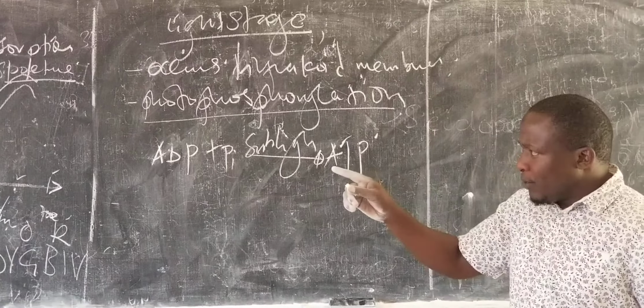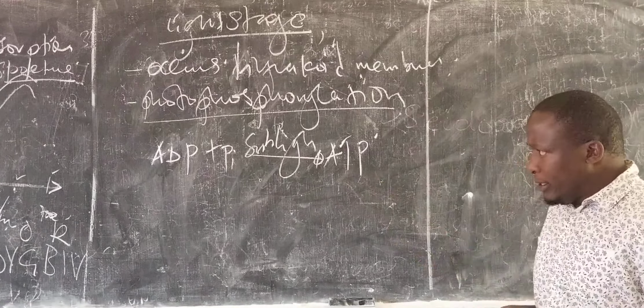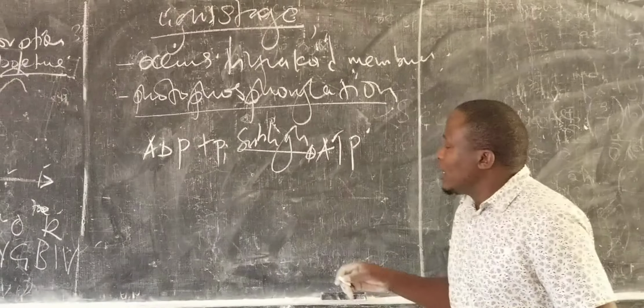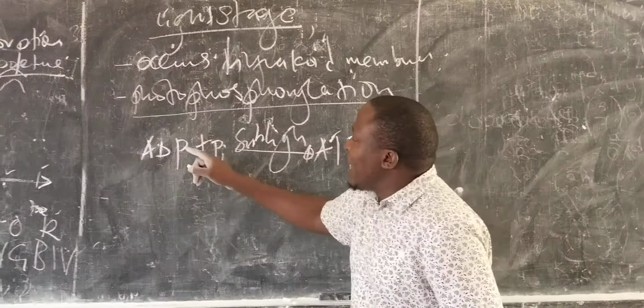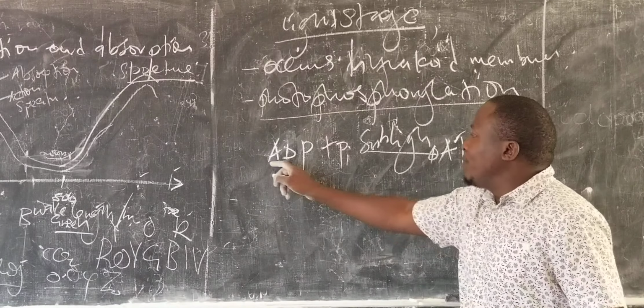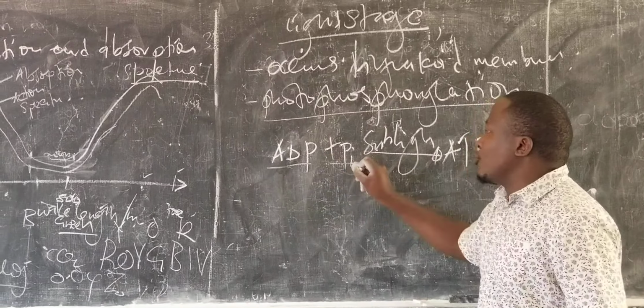Among them, we talked about chlorophyll that you know, carotenoids and others. Once they have absorbed light correctly, like we have seen in the absorption spectrum, ATP molecules are formed. These are compounds present within the thylakoid membrane.